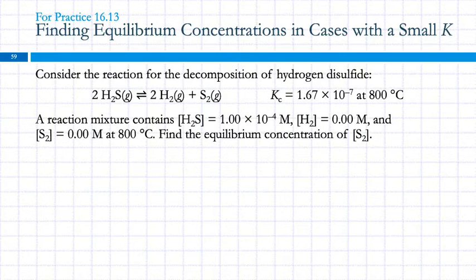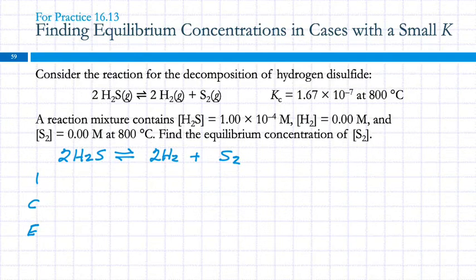Let's do an example like that. Same chemical reaction, same equilibrium constant, different starting concentrations. So again, we've got 2H2S in equilibrium with 2H2 and S2. We're making an ICE table.